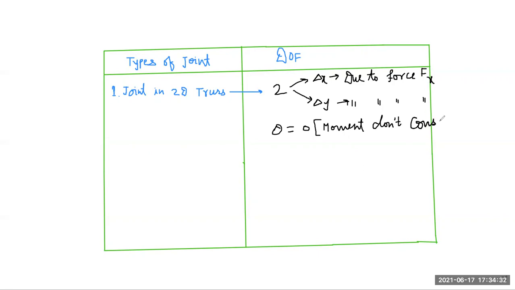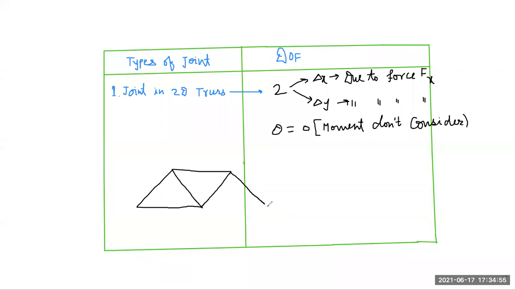this is your 2D truss. Also, if you add some members, then it is also your 2D truss.